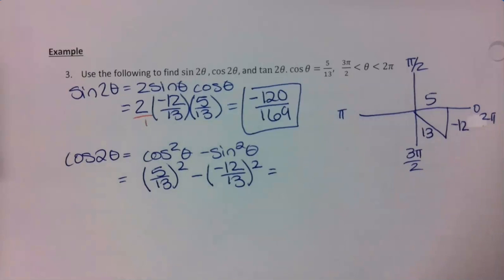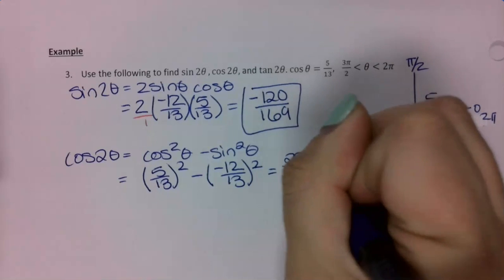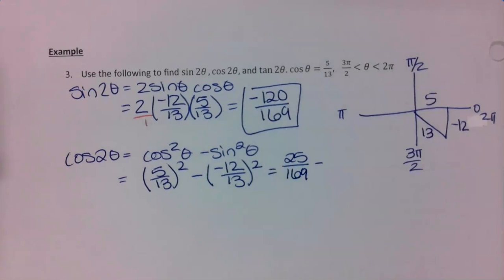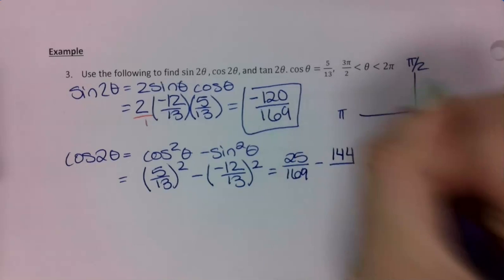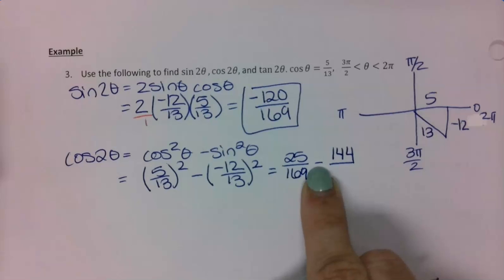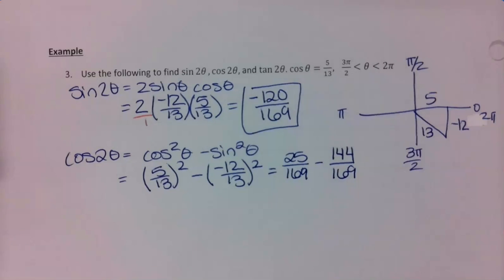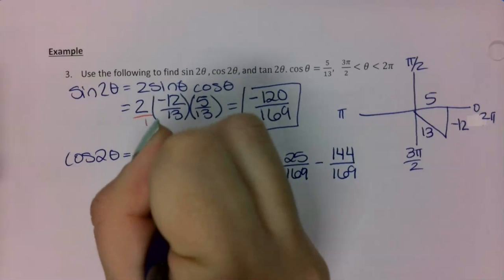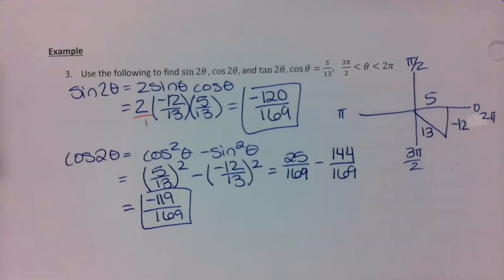So 5 squared is 25, 13 squared is 169. Negative 12 squared is positive 144. So remember, I have two negatives multiplying by each other, and I still have this negative from the outside. 13 squared. Okay. 25 minus 144, and it's still over 169. Questions on cosine?